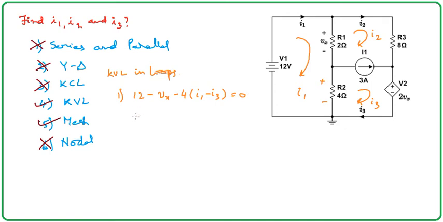Let it be, so that we can have some easier methods. Once we have found all the equations, we can see the best method out of them. In between, a current source is there.